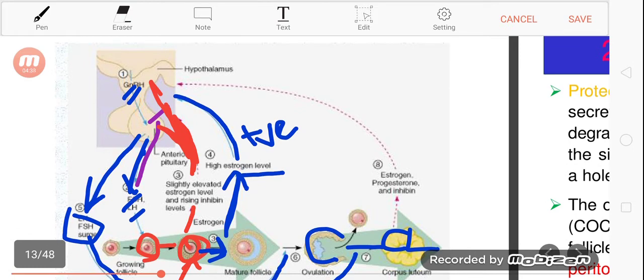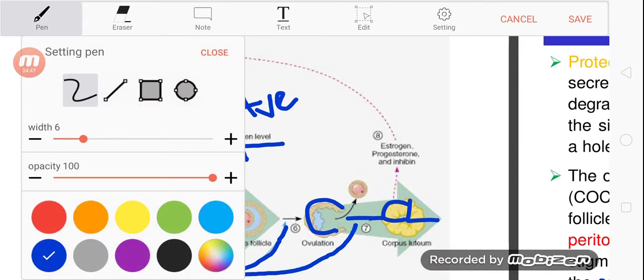One of your friends asked about corpus luteum. So corpus luteum is after ovulation. Let's change the color into yellow.